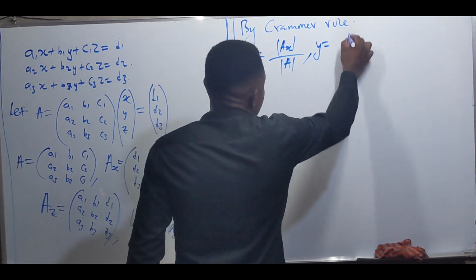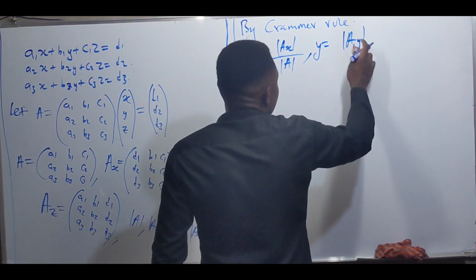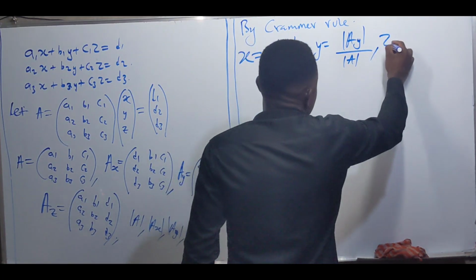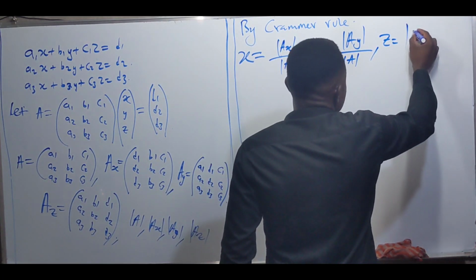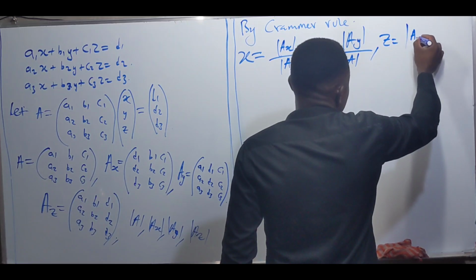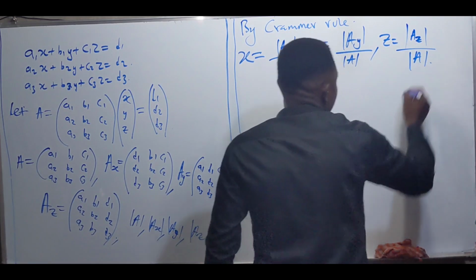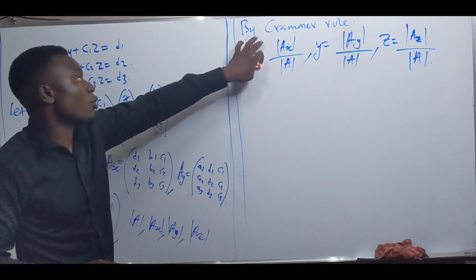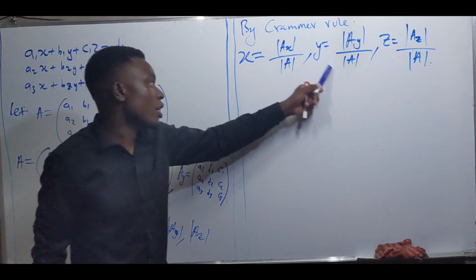Similarly for y, the determinant of A with respect to the y values over the determinant of A. Z similarly is the determinant of the augmented matrix A with respect to the z values divided by the overall determinant. So by Cramer's rule, this is how one can find the values of x, y, as well as z.